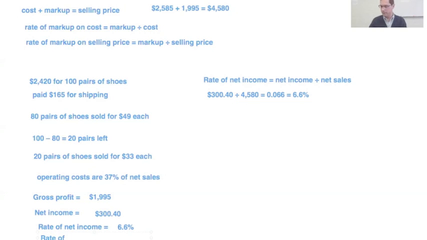rate of gross profit. Forgot to put that down before. And this is very similar to finding the rate of net income.